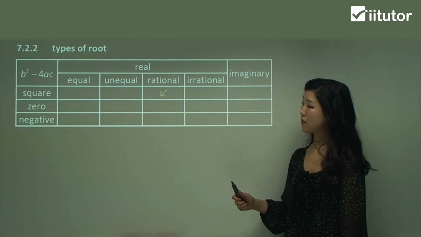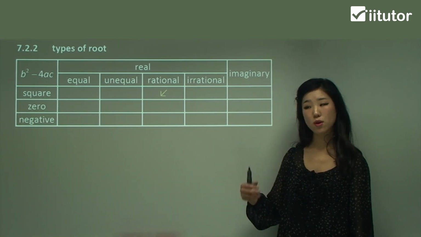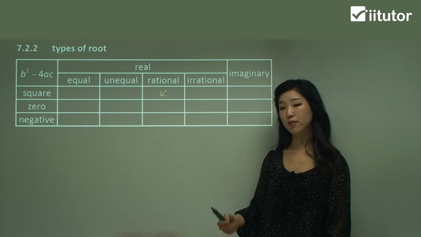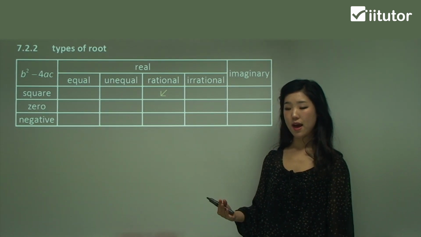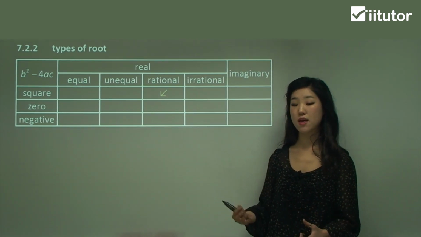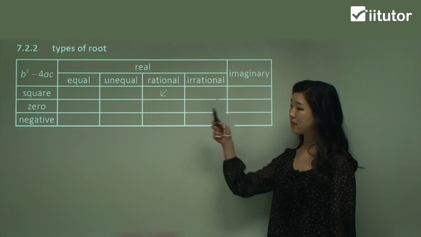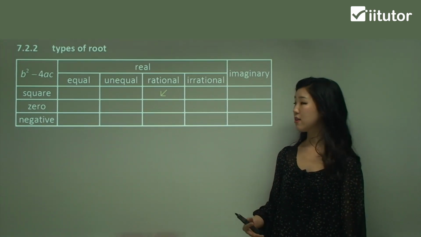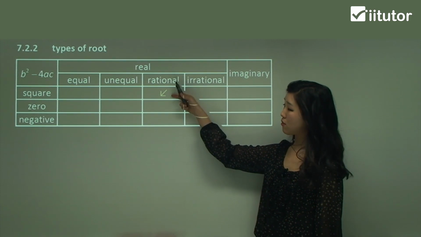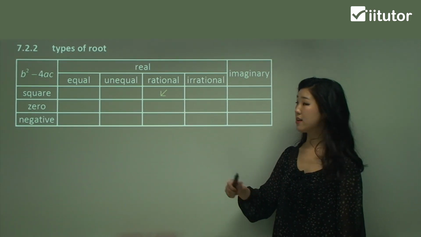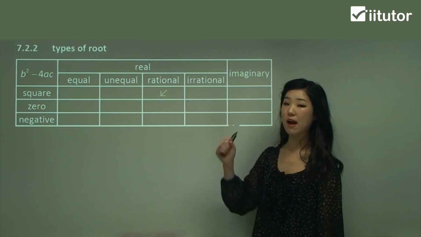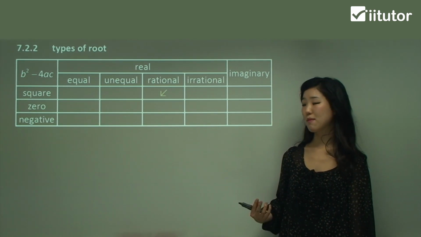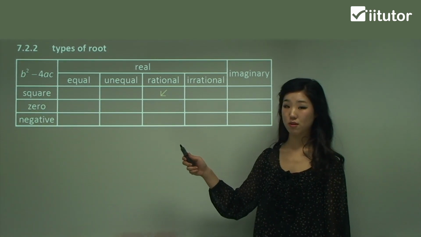So the square number will give us a rational number because the square root of, say, 16 is perfectly just 4, okay? And we're going to end up with 2 solutions that are rational, okay? So if you see a square number as a discriminant, you can determine that it's real, so therefore it's going to be rational, all right? Out of the real numbers, it's going to be a rational number. Okay, so think about the roots after you've decided the discriminant.